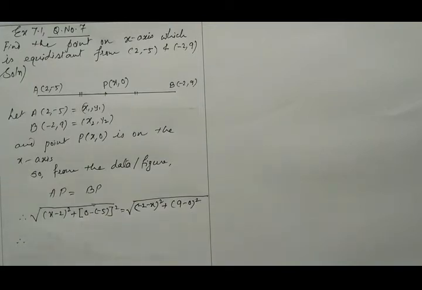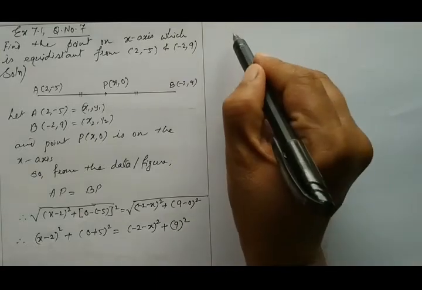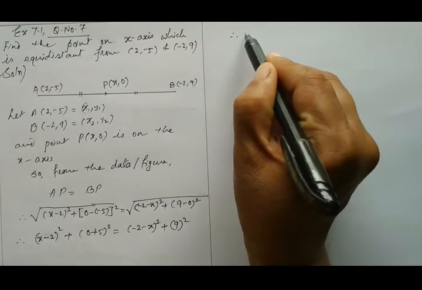So if you square this, then this radical sign, square root sign, will vanish. So we will write directly, if you square on both sides, the radical sign will vanish. So x minus 2 whole square plus 0 plus 5 whole square is equal to minus 2 minus x whole square plus 9 square. So let us come this side and write x minus 2 whole square.